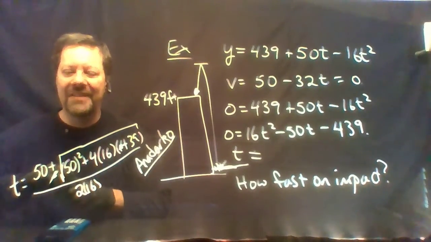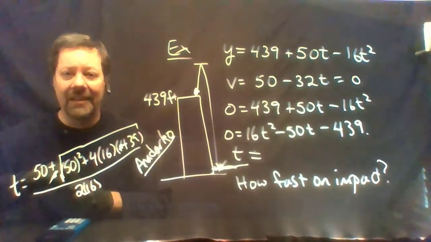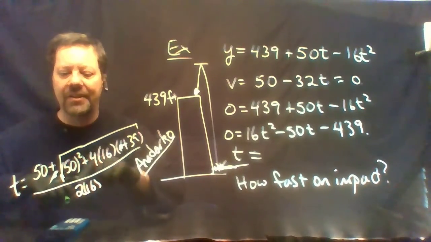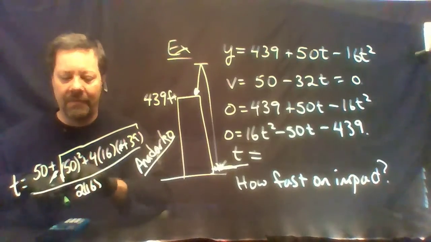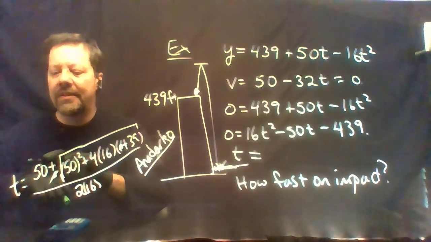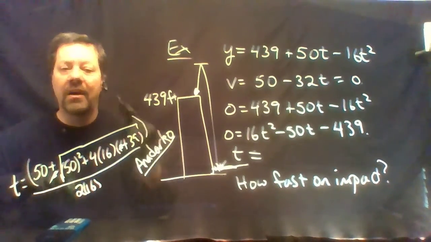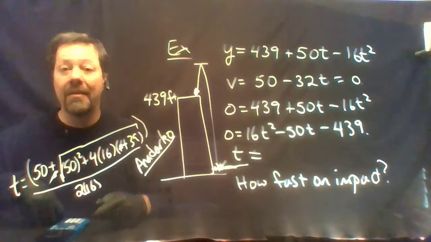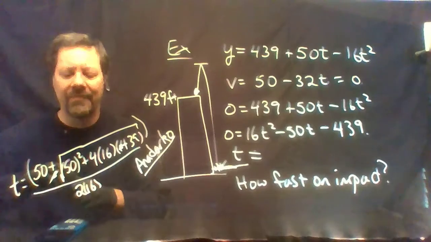What is that value of t? I want you to try to calculate this right now. Keep in mind, whenever a fraction is expressed in this form with a horizontal bar, there's an implied set of parentheses around the entire numerator and around the entire denominator. Make sure you put those in.